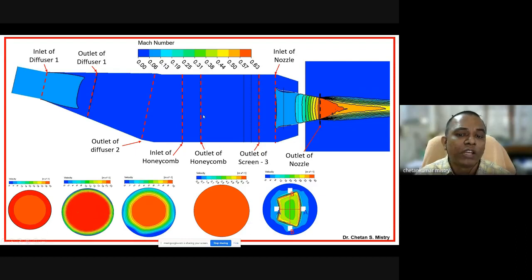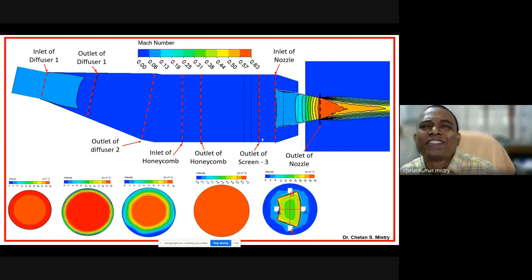Now by using this honeycomb section, if you look, we are able to achieve uniform velocity at the exit. Further, it has been unified by using screens 1, 2, and 3, which have a porosity of 0.6. So that is the last screen we have. You may be aware of the wind tunnel, so I'm not addressing this point.